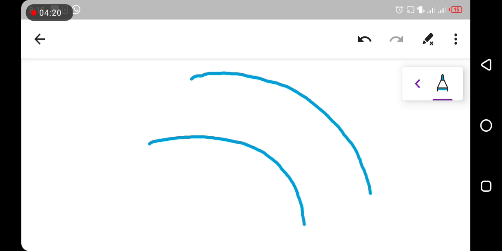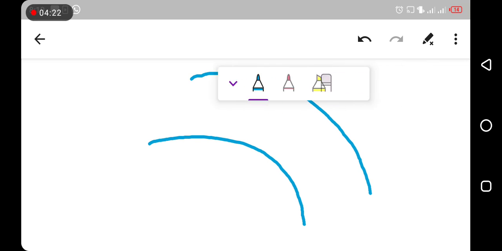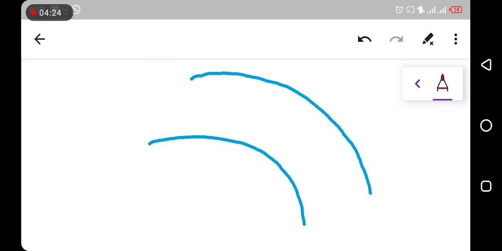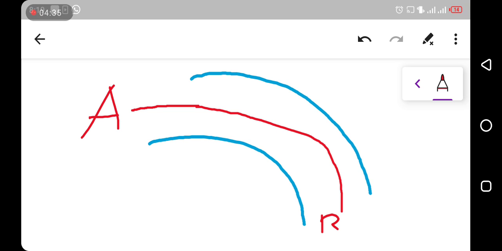Kwa mfano, let's say gari linapita, lina move from point A to point B. Tutaona kwamba gari letu linaenda katika curved path. Kwa hiyo motion yoyote itakayotokea katika curved path, hiyo tunaita circular motion.